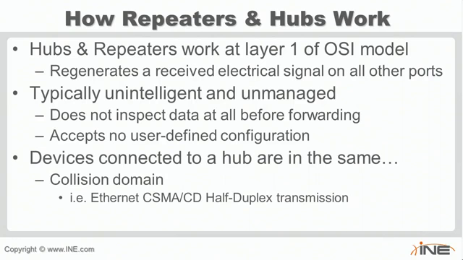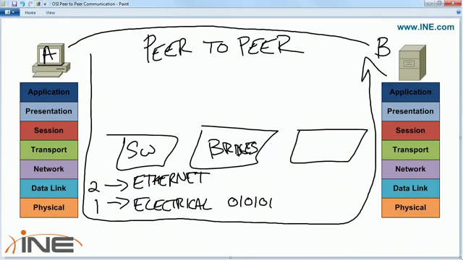Now also we'll see that the devices connected to either a repeater or a hub are in what's known as the same broadcast domain. This we'll talk about a little bit later when we look at the actual operations of the switches. But the broadcast domain basically means that if two devices are in the same broadcast domain, they can talk to each other directly by using the layer 2 protocol.